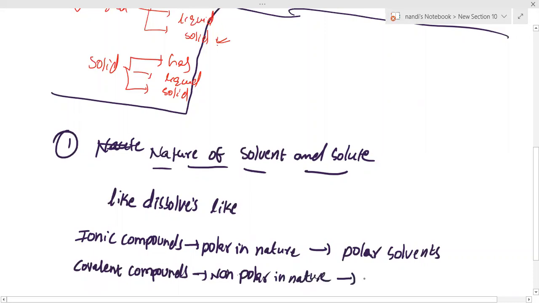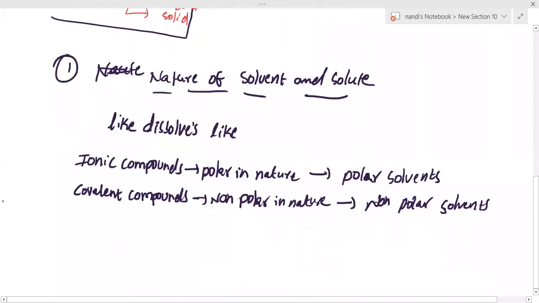So dissolve in non-polar solvents. For example, here NaCl can readily dissolve in water, sir, easily, because NaCl has positive and negative character.